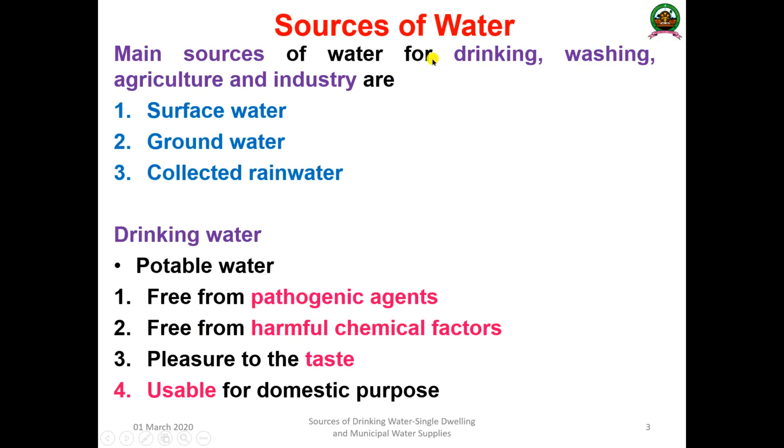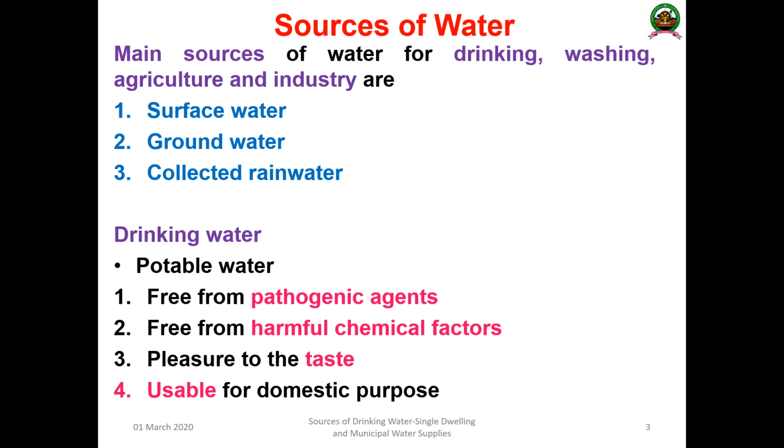The main sources of water that are used for drinking, washing, agriculture and industry are classified into mainly 3 groups. One is surface water, next is groundwater, and next is collected rain water.